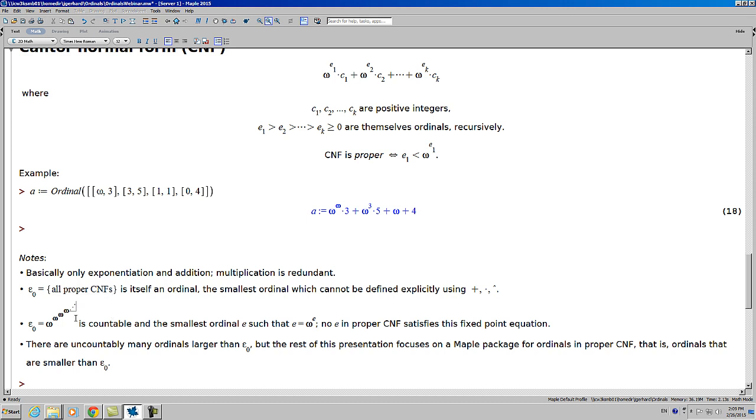Another way of thinking about this is to say that if we keep powering omega infinitely often and take the limit of this construction, that would also be epsilon 0. But epsilon 0 is beyond what I want to talk about today. I want to focus from now on what Maple can do, and Maple can represent all ordinals that are less than epsilon 0, basically.